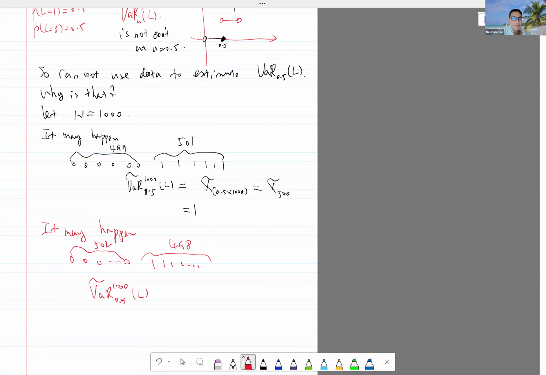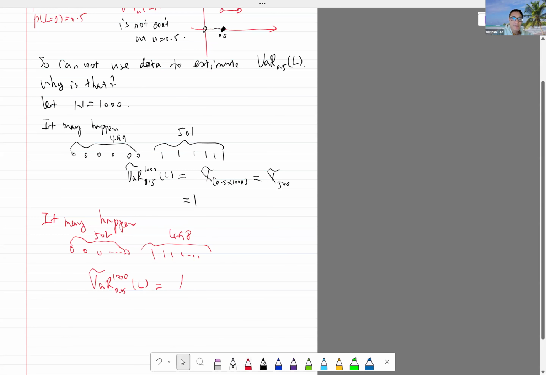Oh, it's just x tilde 500. From the smallest, counting to the 501st is 0.